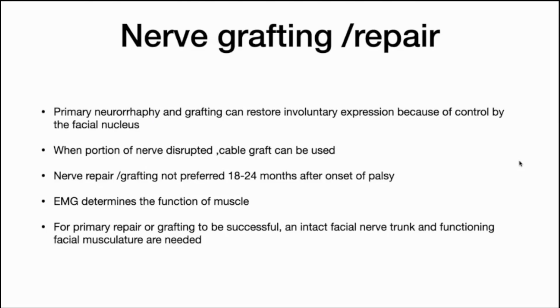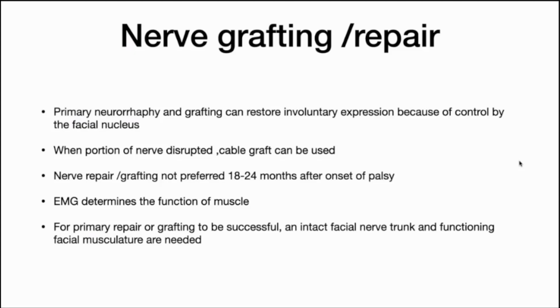What is the function of nerve grafting or repair? Let us first understand primary neurorrhaphy and grafting. It can restore the involuntary expression because the supply is from the facial nucleus. If the duration of injury is less than 1.5 to 2 years, that is 18 to 24 months, we can think of nerve grafting or repair.